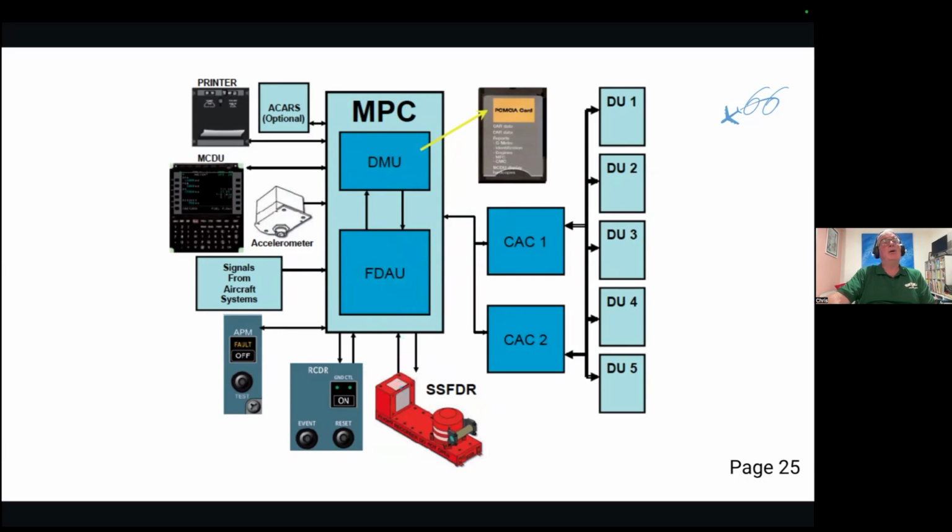for storage. It also gets sent to a quick access recorder, so we can retrieve it quickly through the use of a PCMCIA card, a flash drive, download it, and send it off to whoever needs to read it.